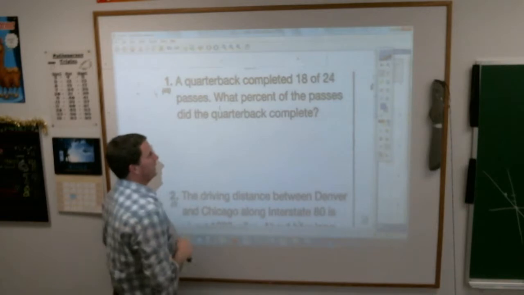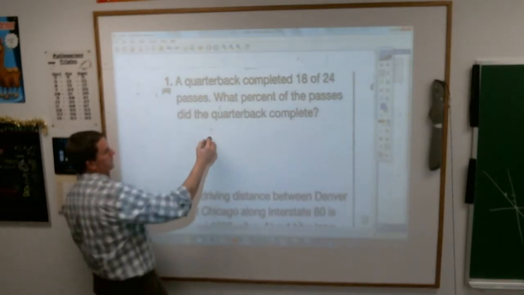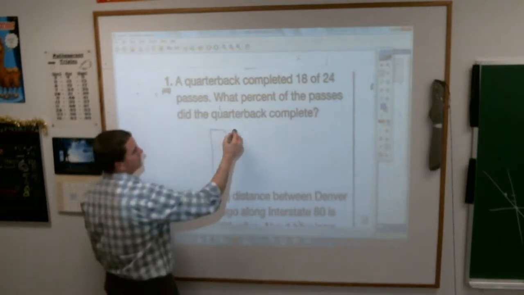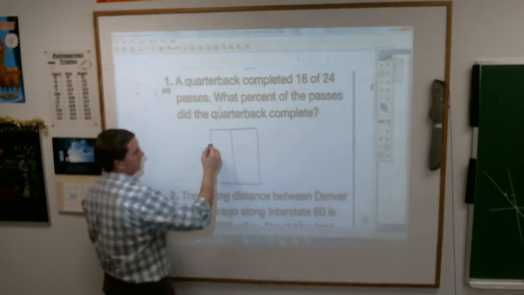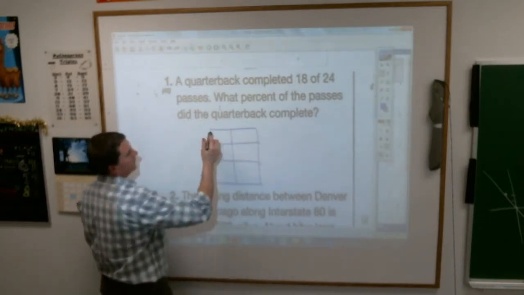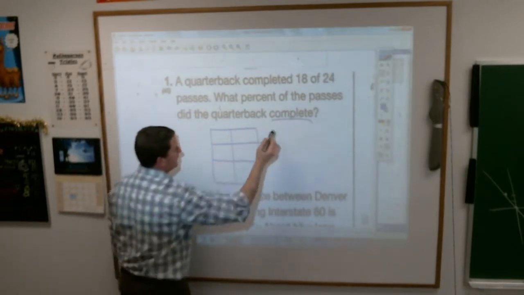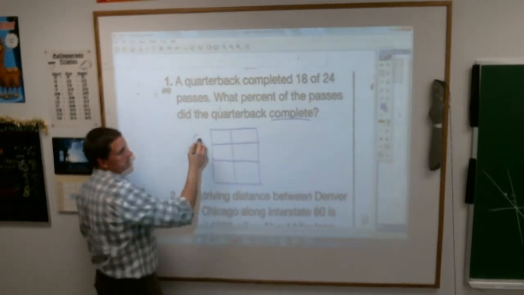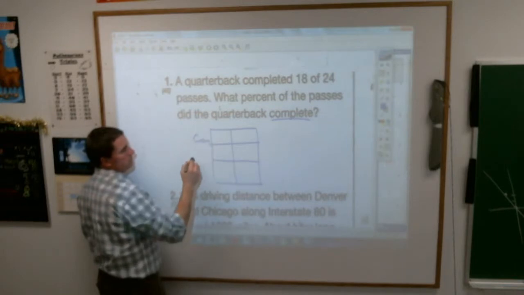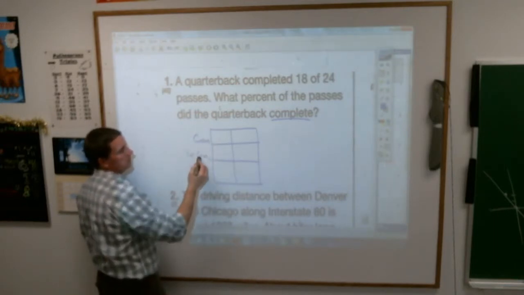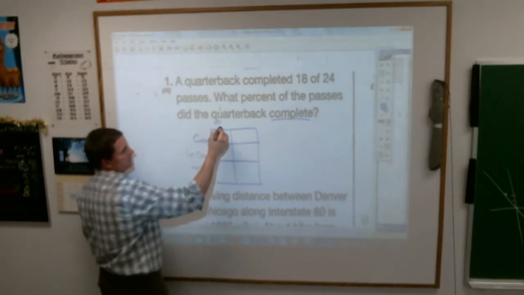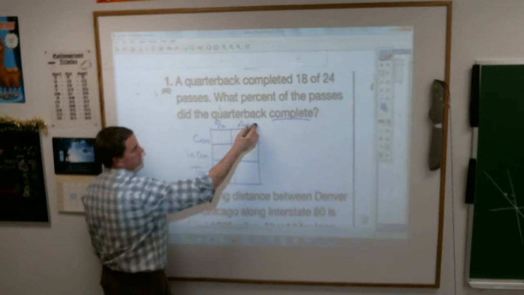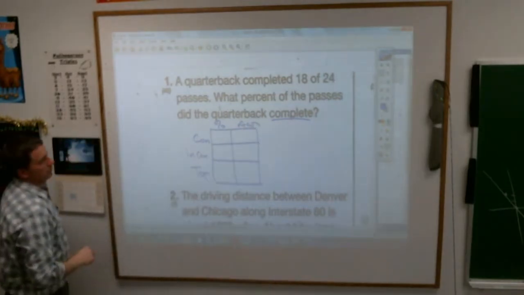What percent of the passes did the quarterback complete? Did you draw a percent box? Well, that would be a helpful thing. What are we comparing here? We are comparing completed passes to incomplete passes. You add your complete with your incomplete, you get total passes. This is the percent. This is the actual. Let's fill in the blanks.